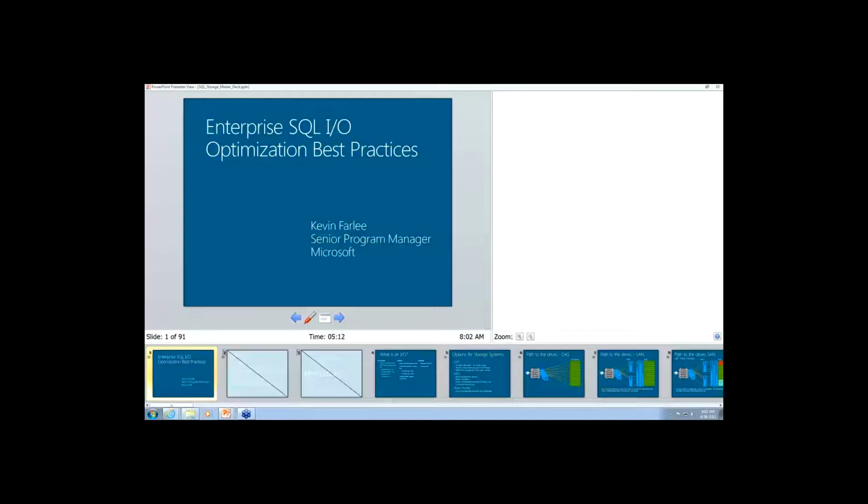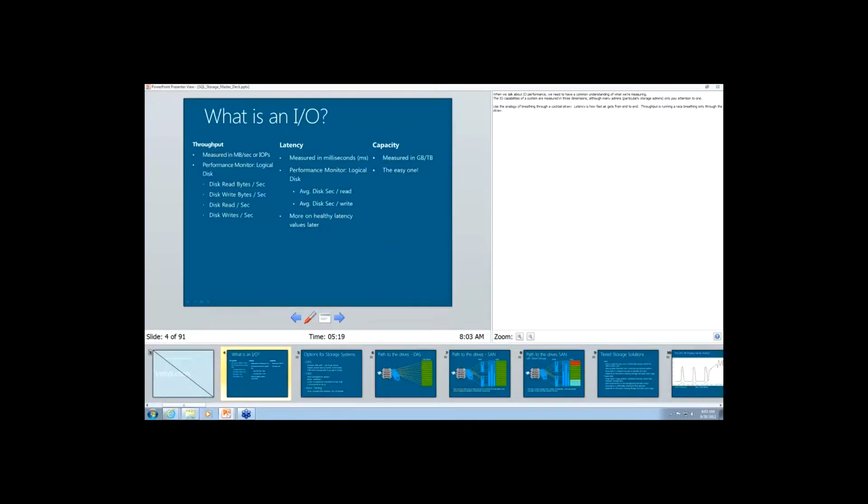We're going to start by giving a little bit of background on what I/O is about, a common terminology. One of the problems that I find dealing with I/O problems at customers is you're typically dealing with at least two people, the database administrator and the storage administrator. And that seems like not a big problem.